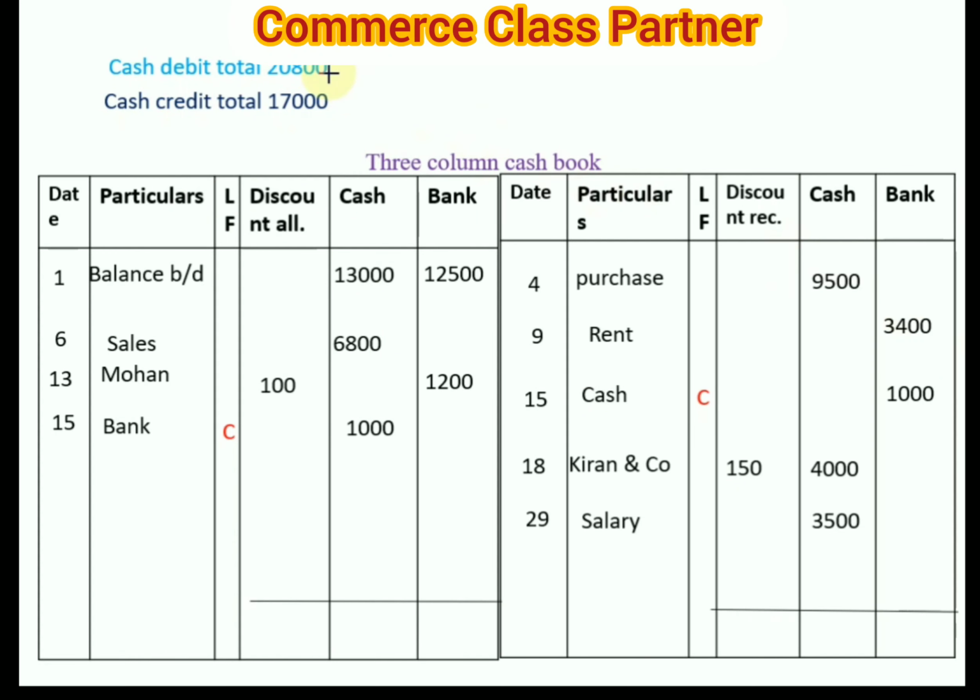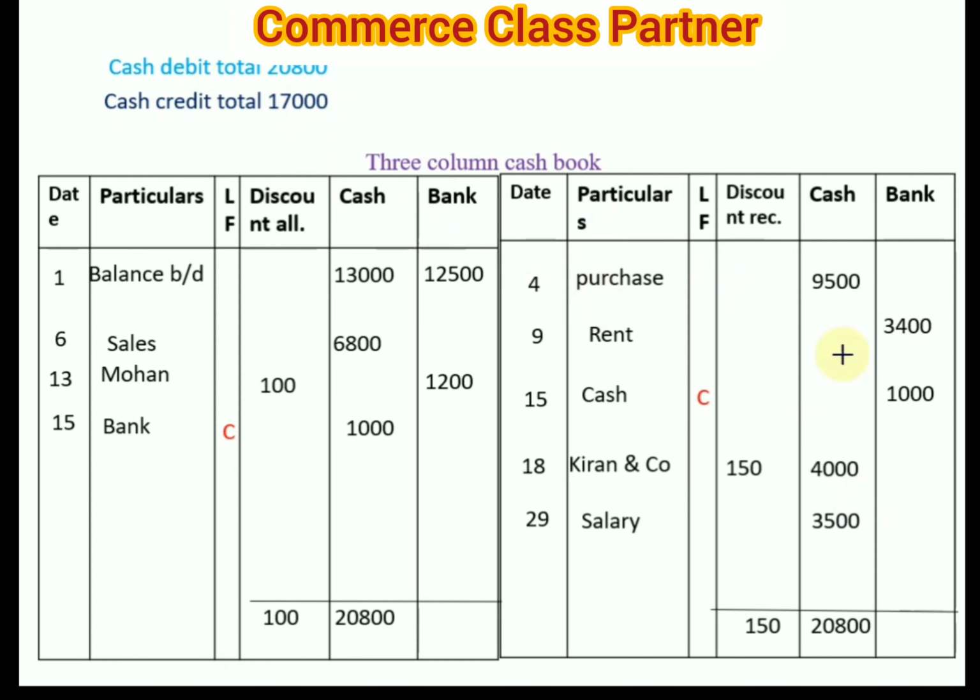We have to write the 20,800. Discount allowed and discount received have been totaled. Next, the larger amount of the cash book, that means the debit total, has been entered on the debit side and the credit side of the cash book.